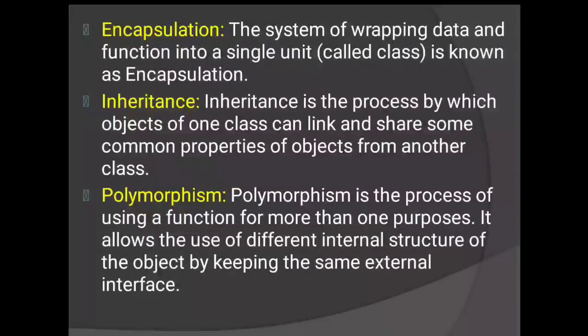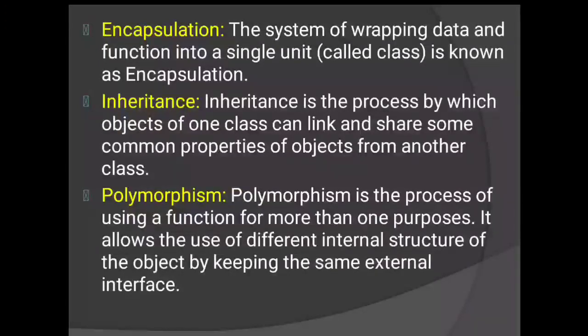Okay, then polymorphism. Polymorphism is created from two words, poly and morphism. Poly means more, or more than one, and morphism means form. Means when we want to represent a single function for multiple purposes, that procedure is called polymorphism.